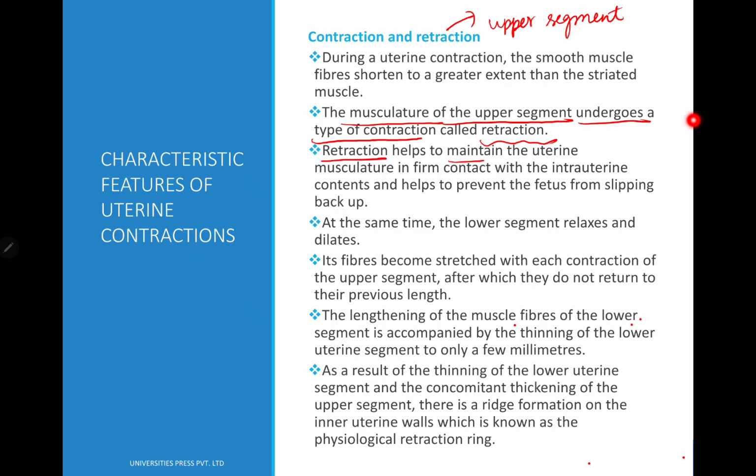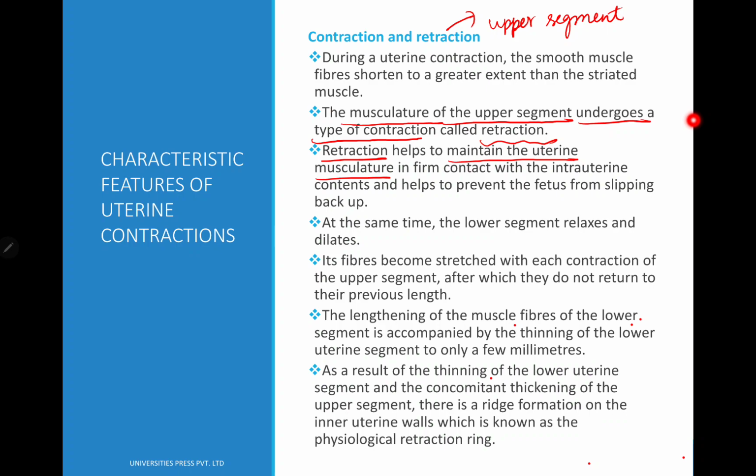Retraction helps to maintain the uterine musculature in firm contact with the intrauterine contents and helps to prevent the fetus from slipping back up. At the same time, the lower segment relaxes and dilates.